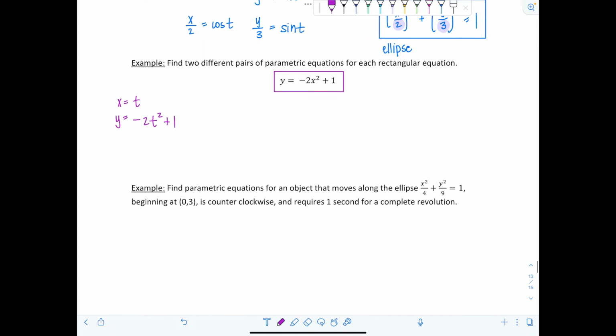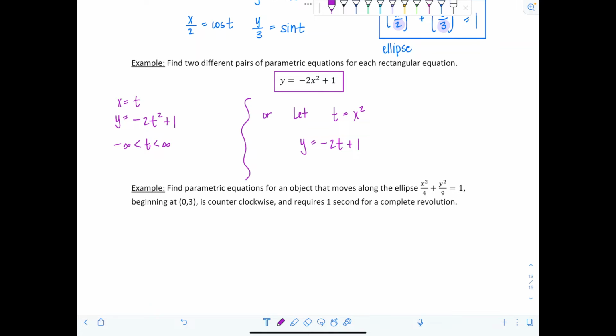In this case, the parameter t could be any real number, right? And you would generate all possible points. Okay. Another option is you could let, and you can play around with it, there's more than one possibility. You could let t equal x squared, and then y would equal negative 2t plus 1.